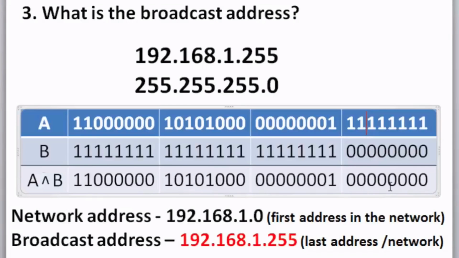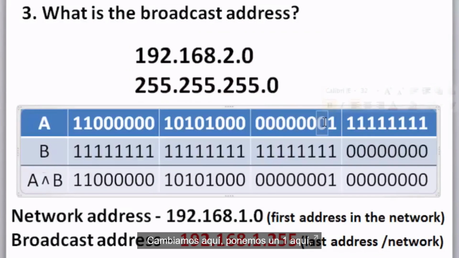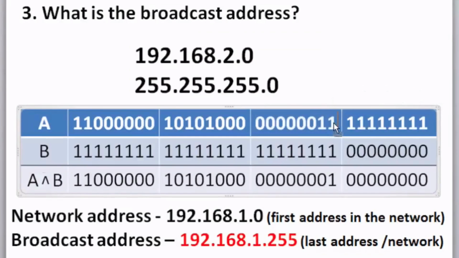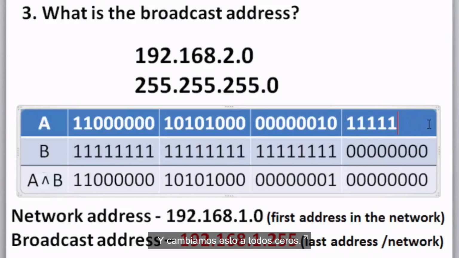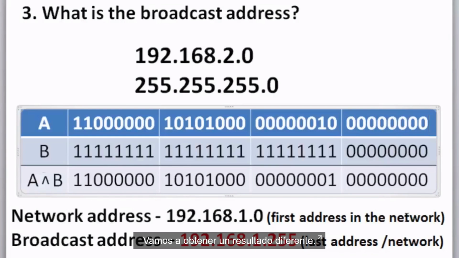192.168.1.0. Now if we go to the next higher address and jump up from 1.255 to 2.0, let's say, we'll change it here, put a 1 here, and a 0 here, so now that's a 2, and we change this to all zeros. You can see that we're going to get a different result.